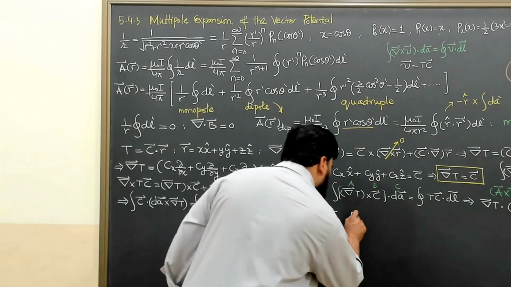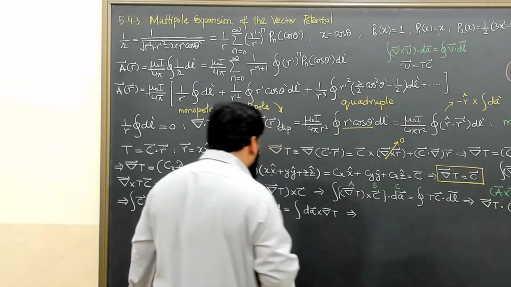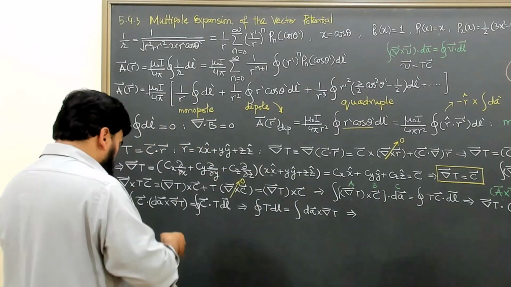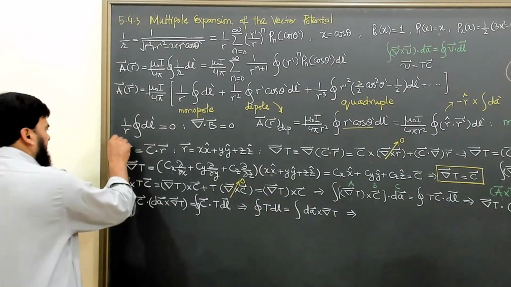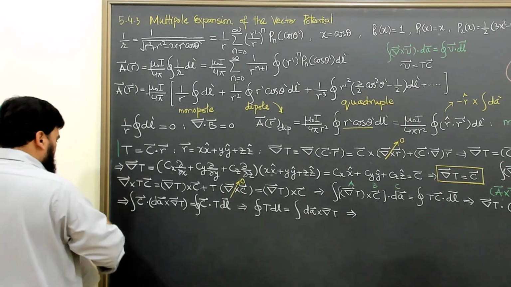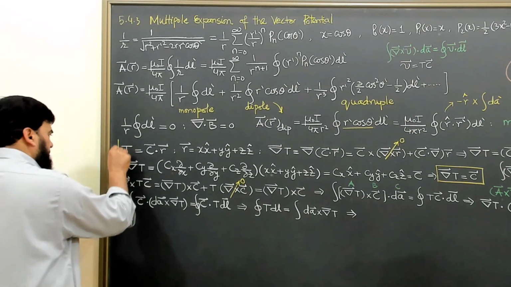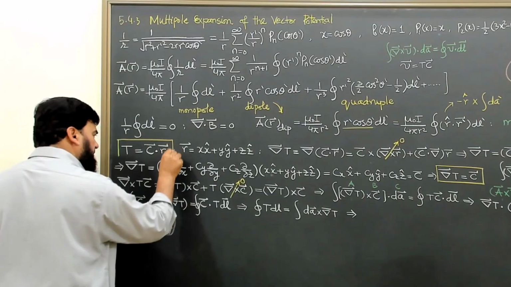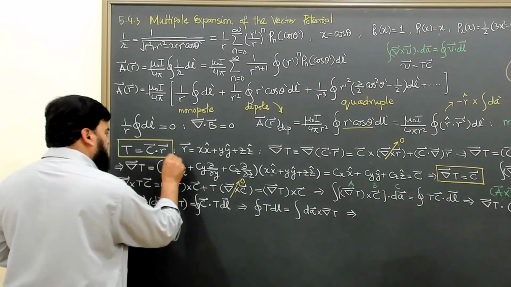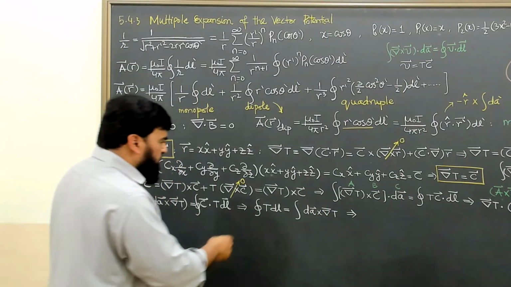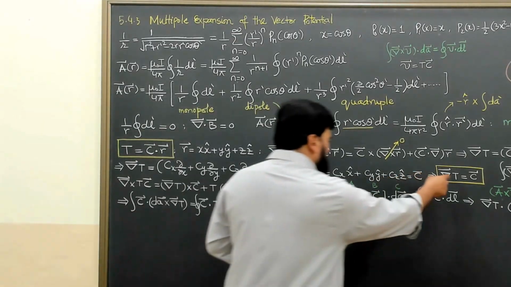Now, what is actually T? We have T here, so let me enclose it. This is our T. And what about gradient of T?